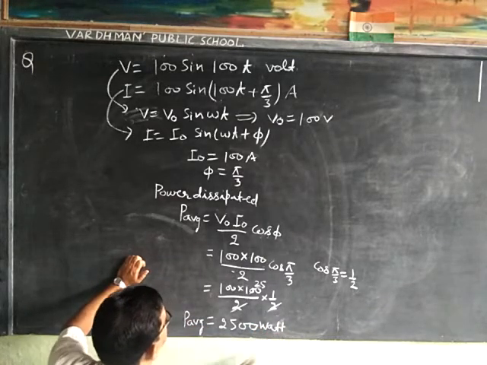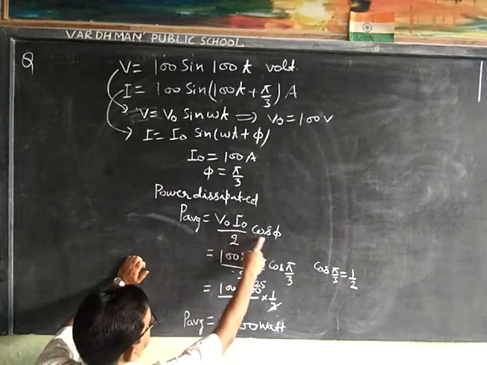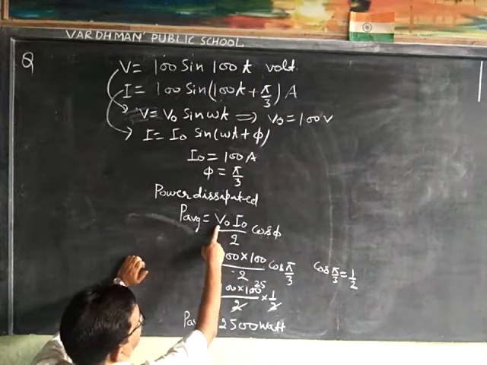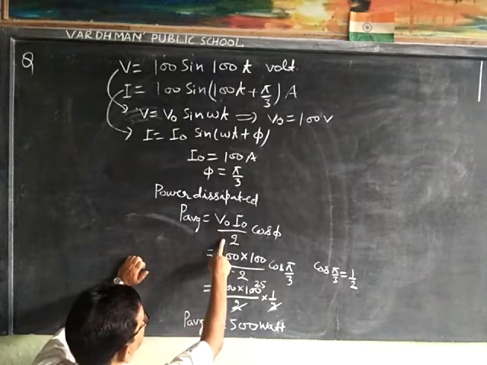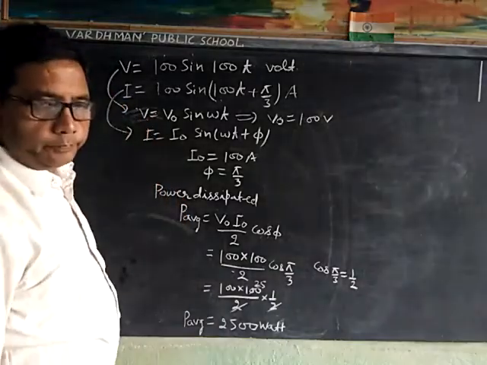This equation can also be written as Vrms Irms cos phi, because Vrms is equal to V naught upon root 2 and Irms is equal to I naught upon root 2.